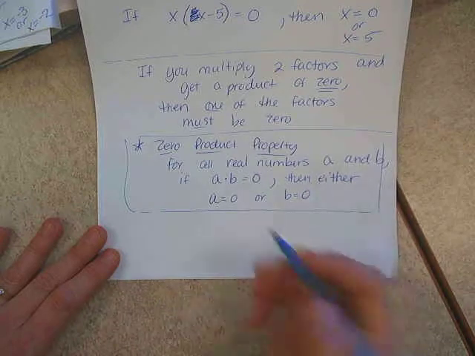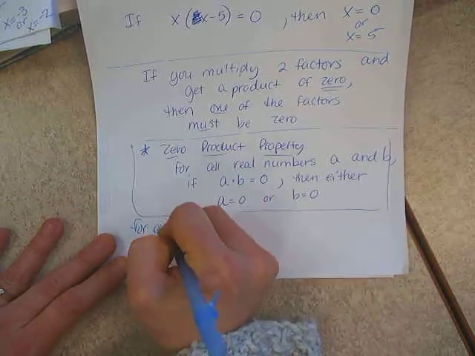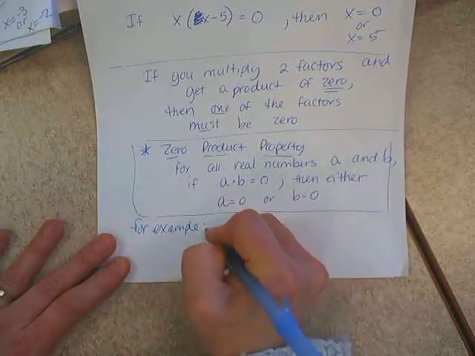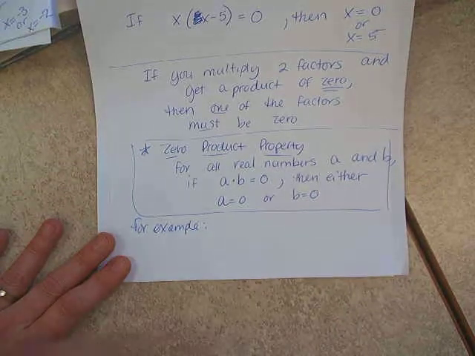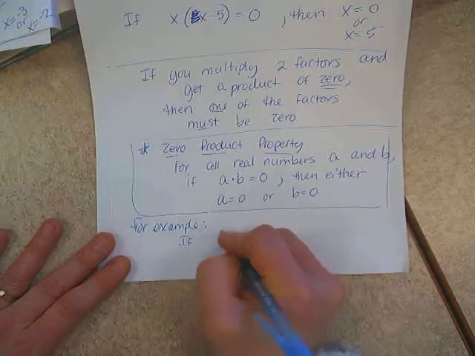The way that we're able to use this is when we factor, most of the time we get two binomials, right?